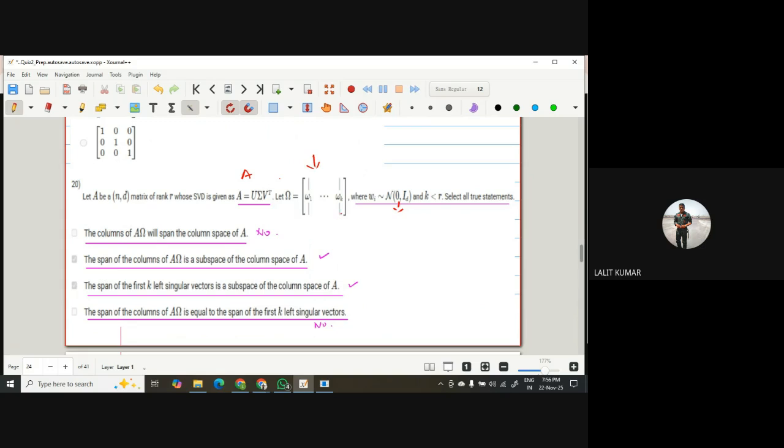The columns of A omega will only span a subspace of the column space of A. They will not span the whole column space of A. The span of the first K left singular vectors is a subspace of the column space of A. So the left singular vectors which are there, it will take the first K left singular vectors, and it will leave out the rest.